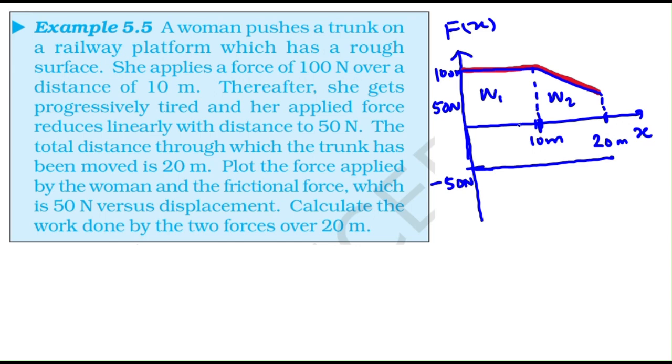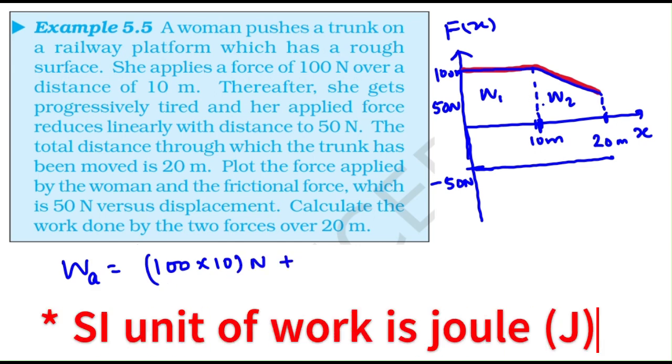100 multiplied with 10. Work done by the applied force by the woman is 100 into 10, which is 1000, plus the area continuing up to 20 meters.